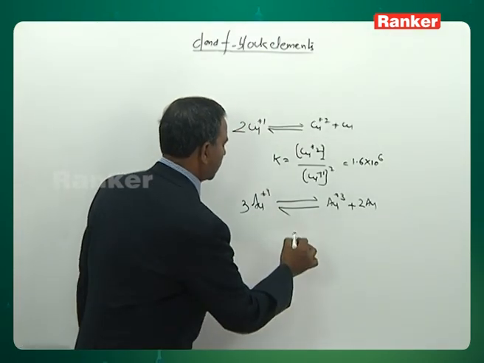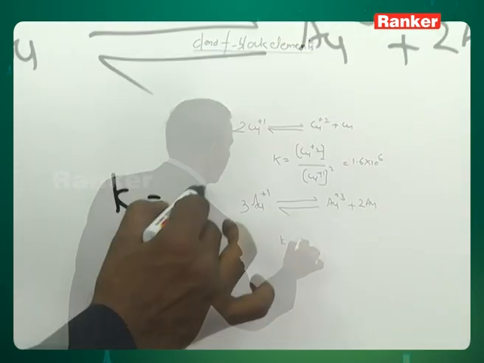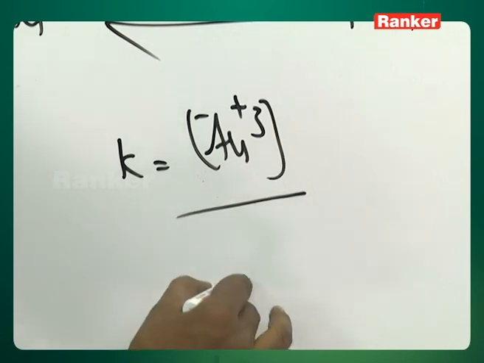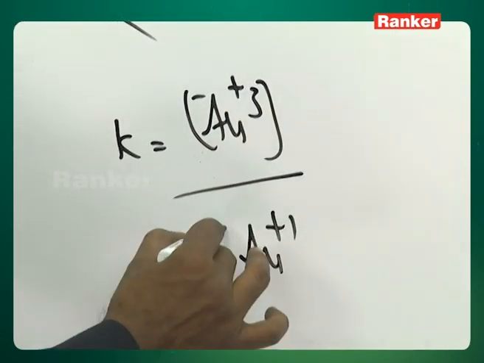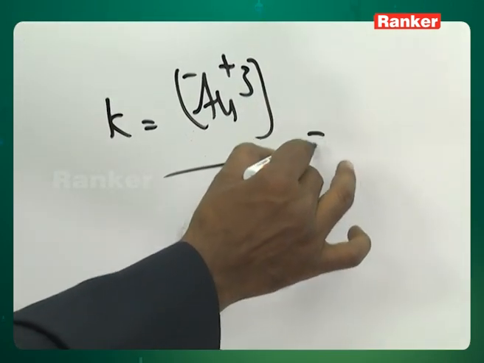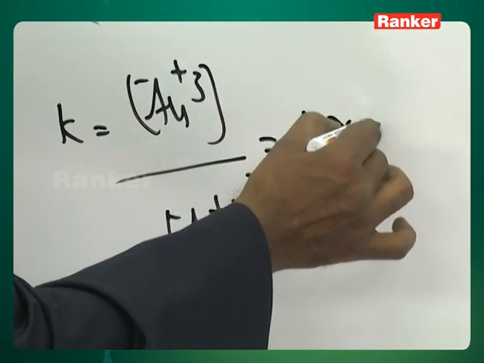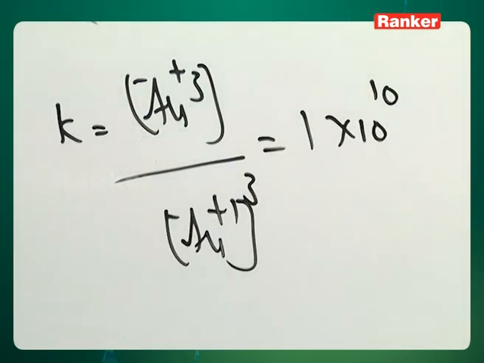Let us write the equilibrium constant for this: K equals Au plus 3 squared divided by Au plus 1 cubed. This equilibrium constant value is found to be 1 into 10 to the power of 10.